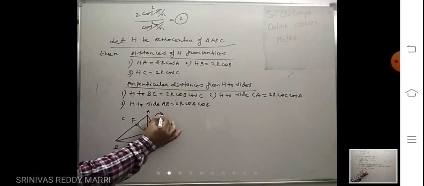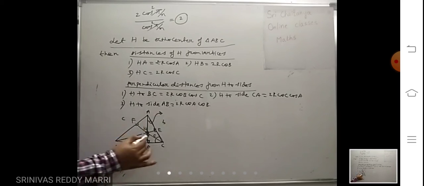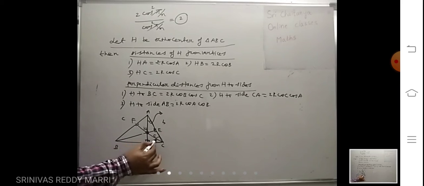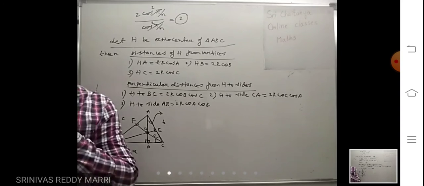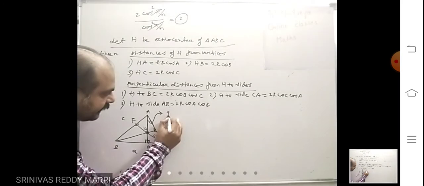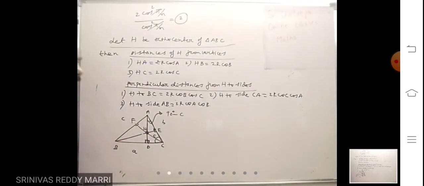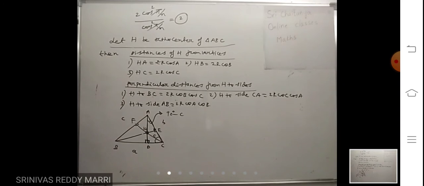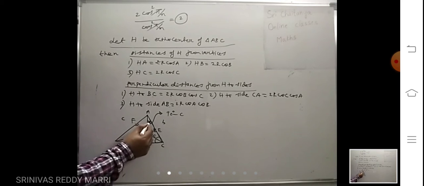In this triangle, this is 90 degree, this is C. Then this angle will be 180 minus the sum of two angles, so 180 minus of 90 degree plus C. This angle is 90 degree minus C.